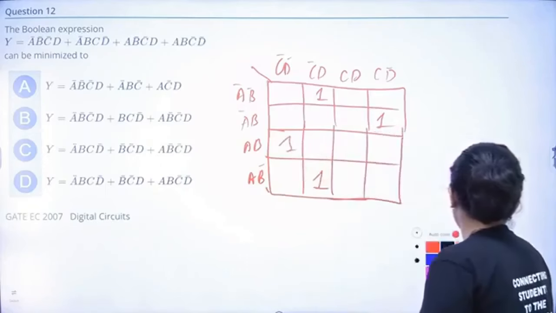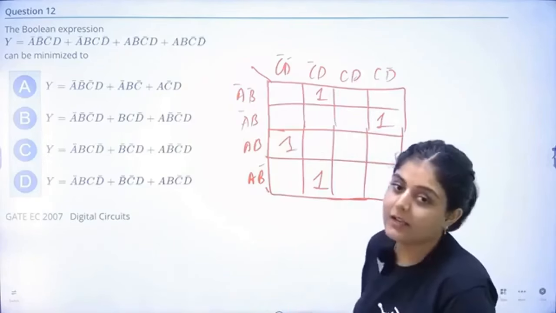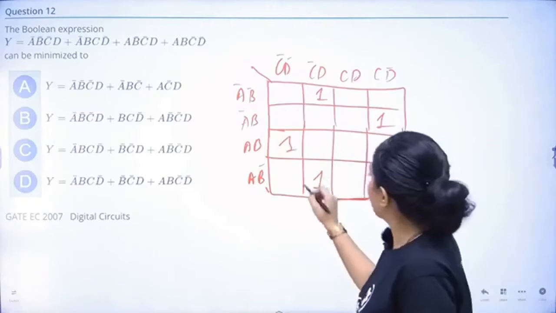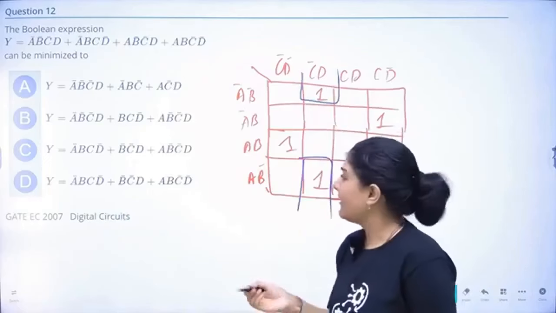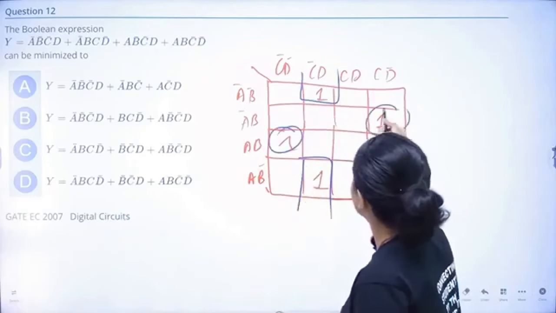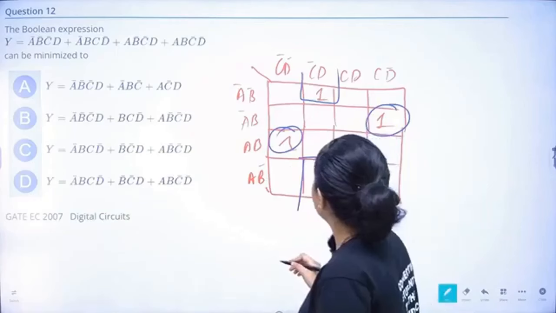Now you can see very distinct terms present, but here there is a pair hidden. This pair is this pair, because these two are distinct. The pair is making no other term. You can write it as it is.